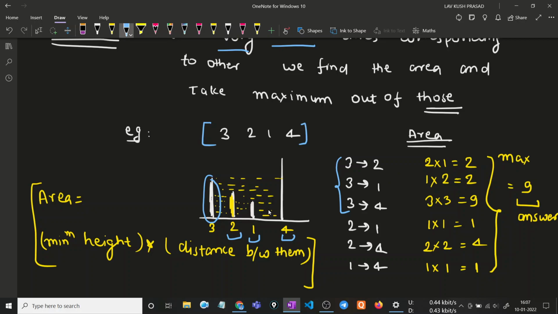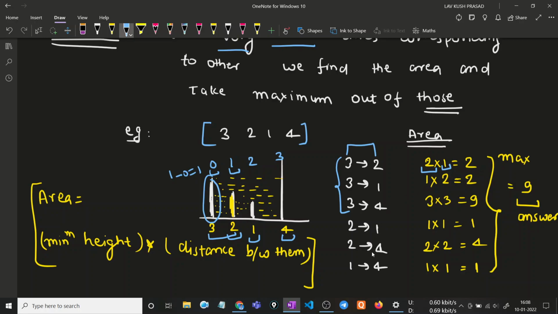The height is the minimum between 3 and 2, so the minimum is 2, and what is the distance between 3 and 2? Their indices are 0 1 2 3, so 1 minus 0 is 1. So this is the distance between them, and 2 into 1 is 2.